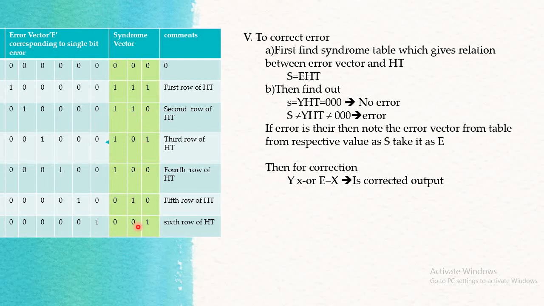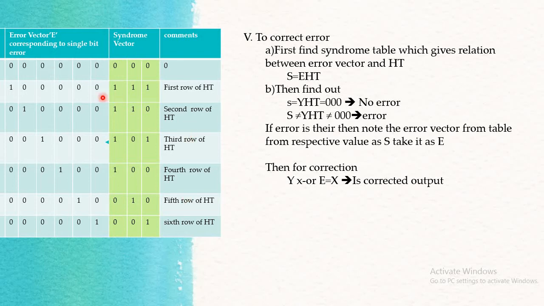Now what we come to know from this syndrome vector table is that this value is similar to the first row of H transpose which we solved earlier, and similarly this one indicates the second row of H transpose, and likewise. So you can directly write the syndrome vector as equal to H transpose.